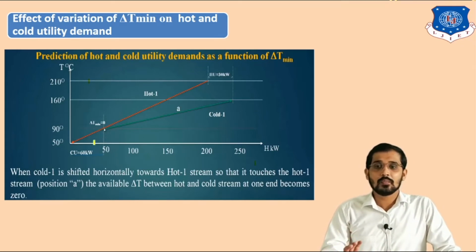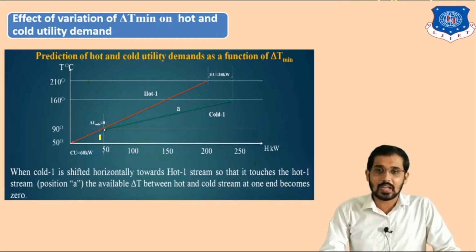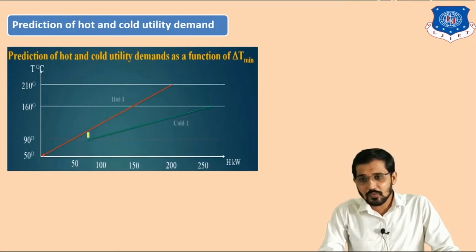You can see here, when the cold stream is shifted horizontally towards the hot stream, it touches the hot stream at position A, and at that time delta T minimum is equal to 0. In the previous slide I showed you this red line and this cold line, the hot stream and cold stream, having some difference. This difference is delta T minimum.